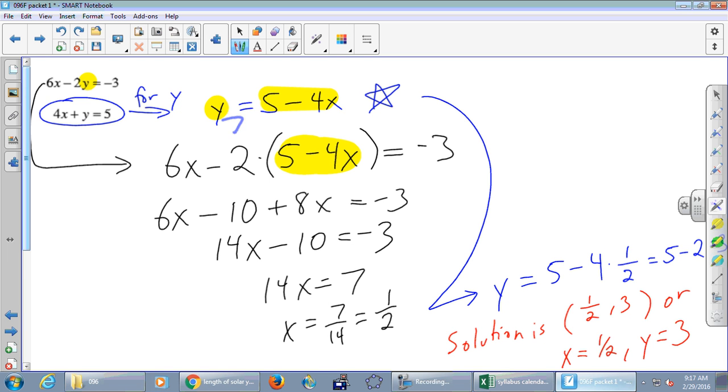Substitute into which equation? The other equation. We didn't really make a big deal out of it, but we're going to make a big deal out of it now. You have choices, right? Instead of y, you're going to put 5 minus 4x. We used the other equation, but just as well, couldn't we have substituted this y and changed it to 5 minus 4x? After all, y and 5 minus 4x are interchangeable.